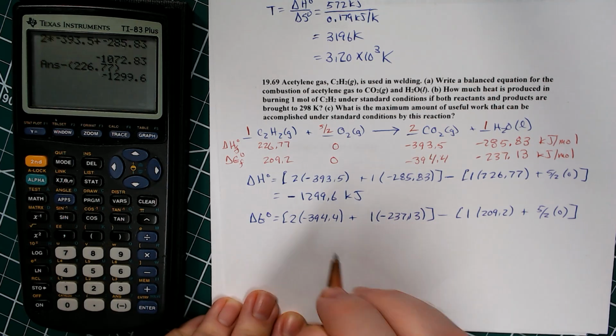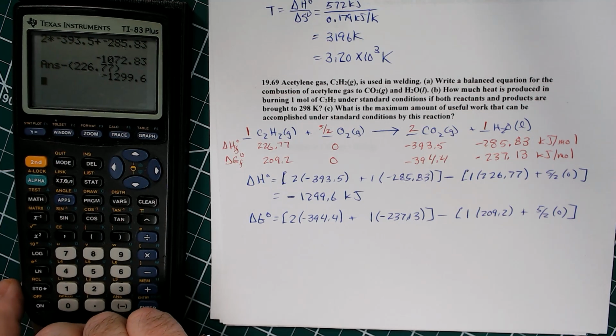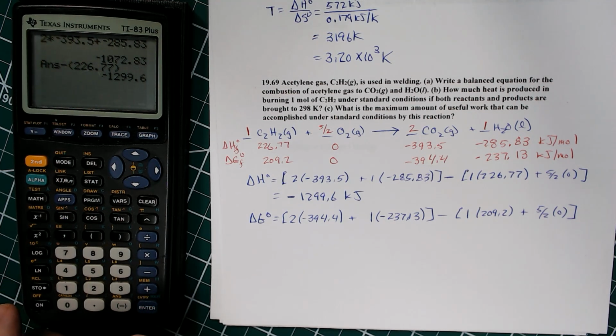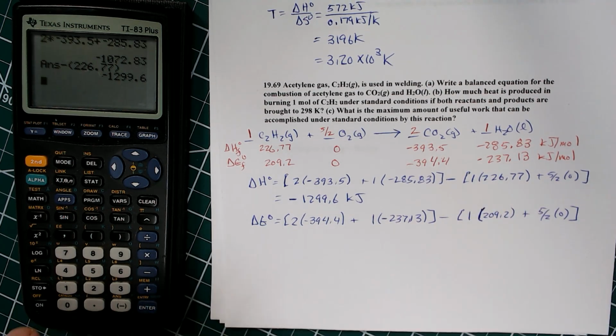We've got that. Let's go ahead and punch these into our calculator. Let me just make sure I didn't enter the numbers in incorrectly. I think we're okay. That's parentheses.